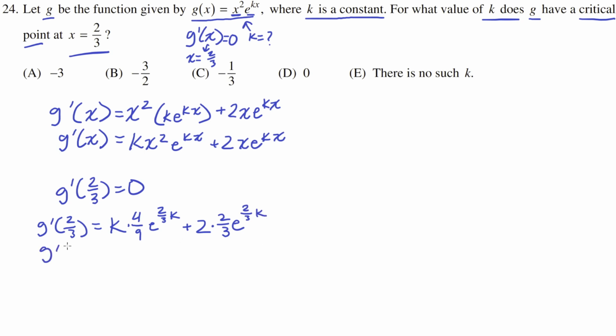Let's simplify this. g prime of 2/3 is 4/9 k e to the 2/3 k plus 4/3 e to the 2/3 k.